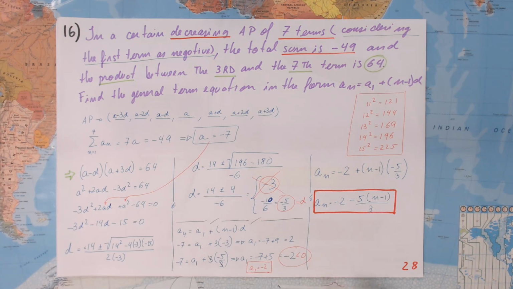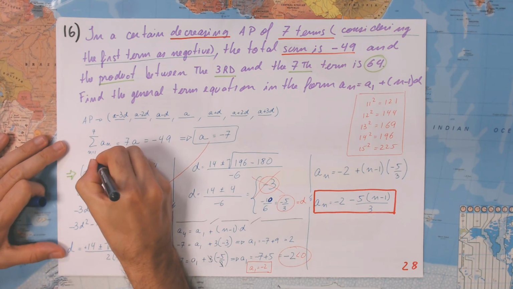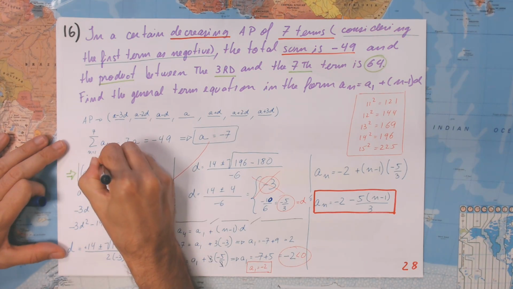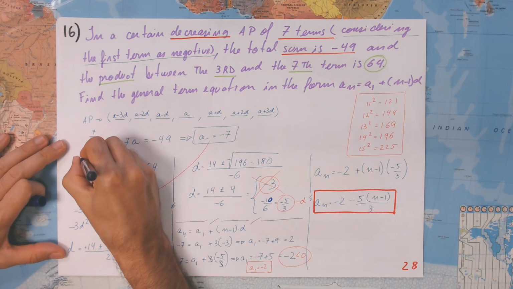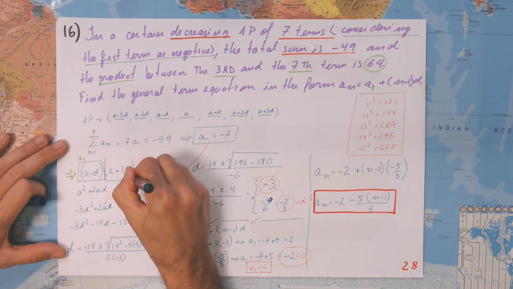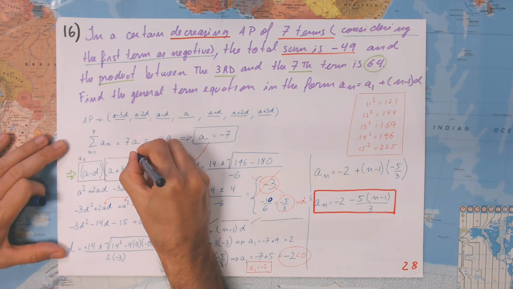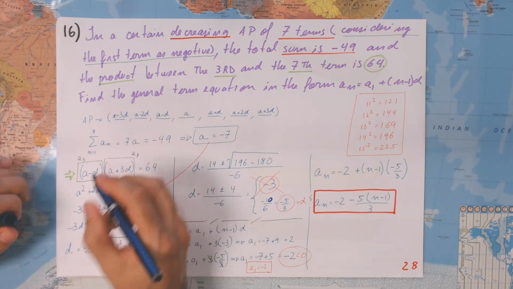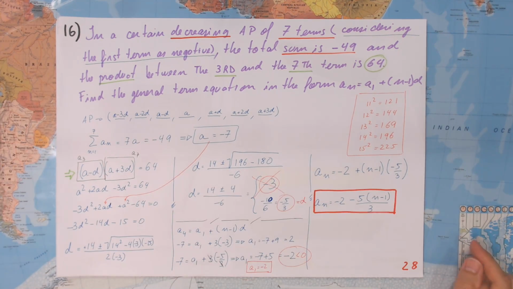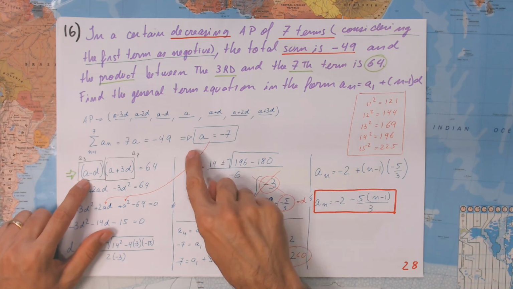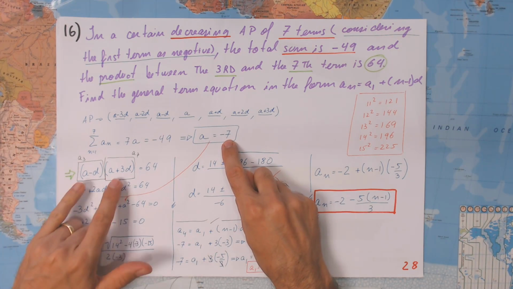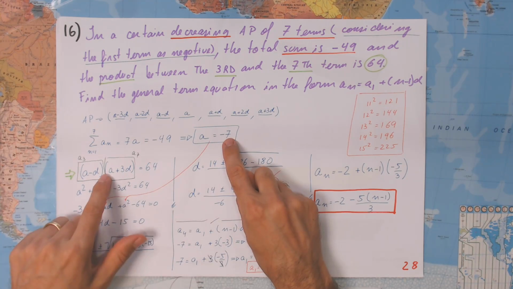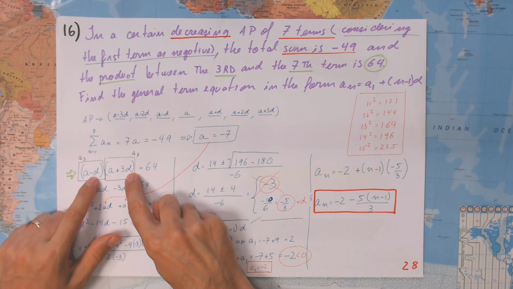This is going to be a3, and that is going to be our a7. And when you multiply both of them, we get 64. And when we do this, well, we know that a is minus 7, so we are going to substitute a by minus 7, and the only variable left is going to be d.